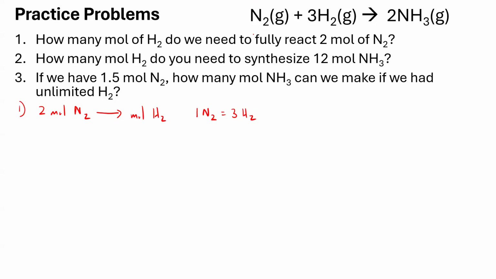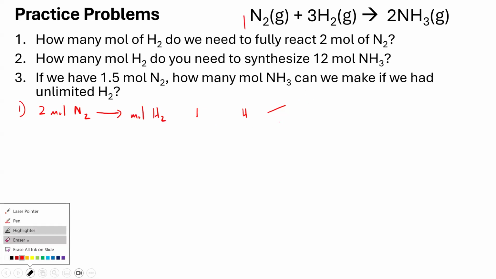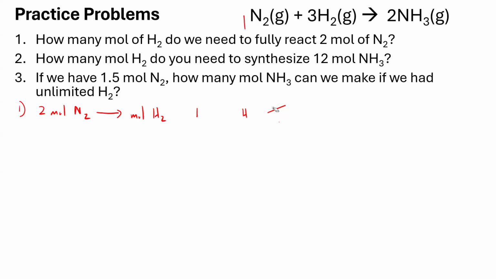There you go, 1. So the 2 fractions are, we can either have 1 and 3, or I'm going to fix this here. I'm going to write down moles because we want to really focus on mole ratios.